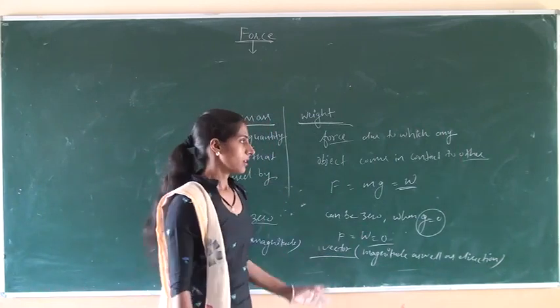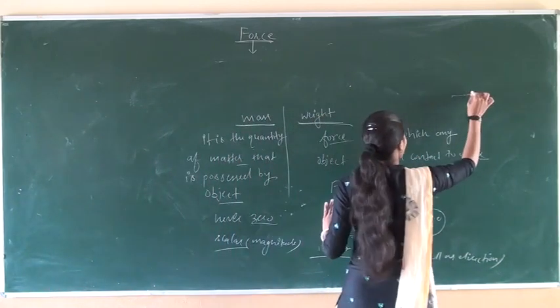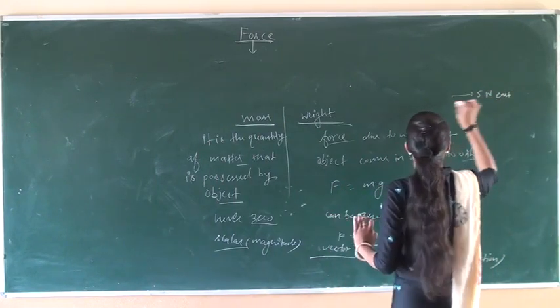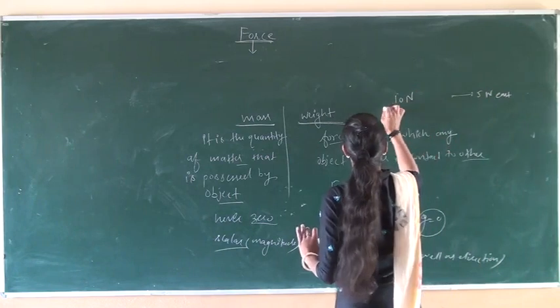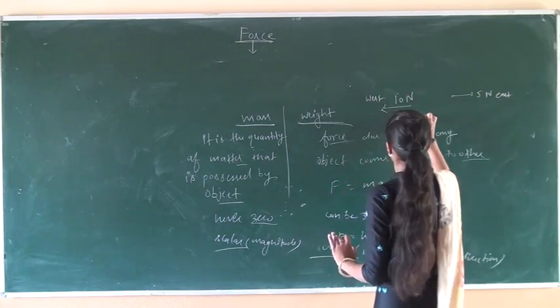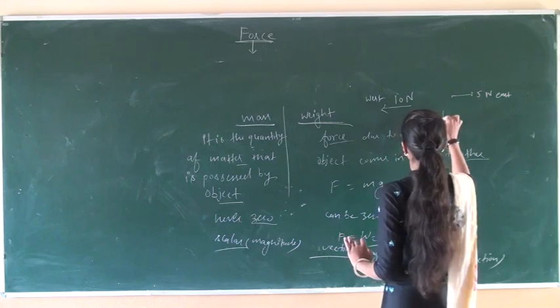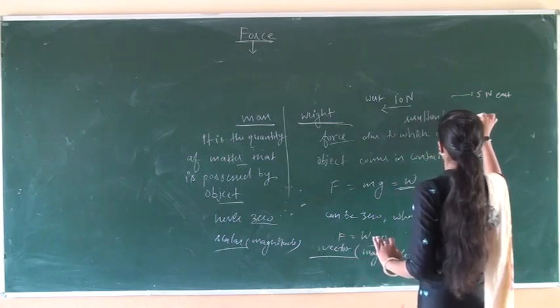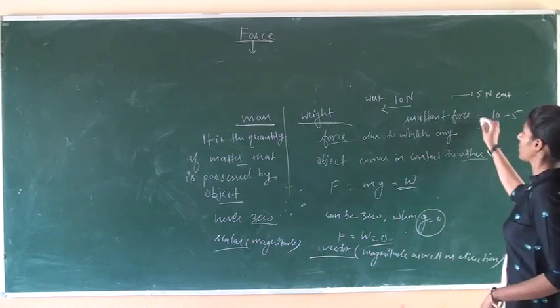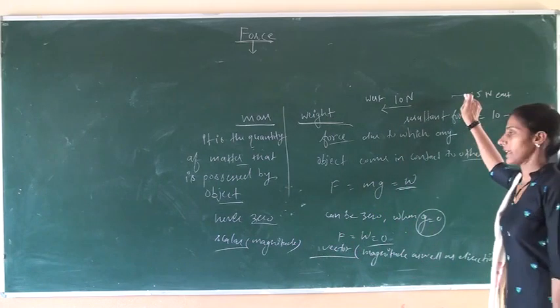For example, 5 Newton force is applied in east direction and 10 Newton force is applied in west direction. Then the resultant force is equal to 10 minus 5 because the forces are in opposite directions.